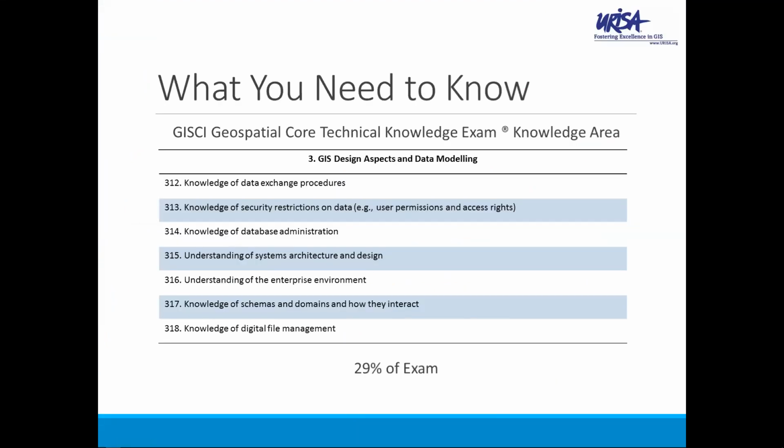There we go. Okay, I'm going to be covering the GIS design aspects and data modeling as listed in the unofficial study guide from October 2017. As you can see, this covers about 29% of the exam, and I've got quite a few different areas to go over here, so it's going to be a lot of content.